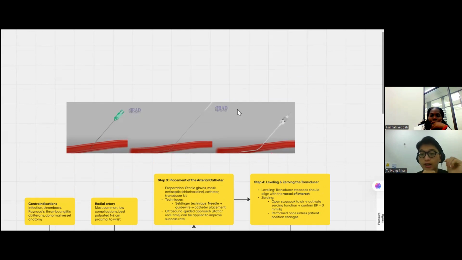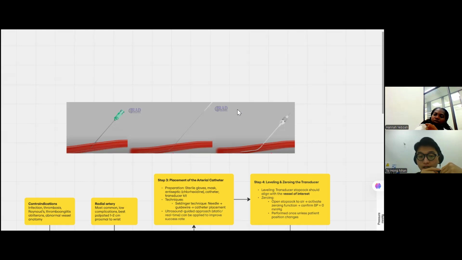So the first one is that the needle is inserted into the vein, and after that, a guide wire, basically a chain of wires, is put inside that needle to go inside the vessel, sorry, the artery, and it fixates the location.